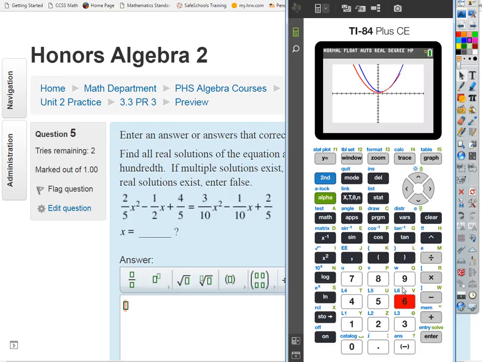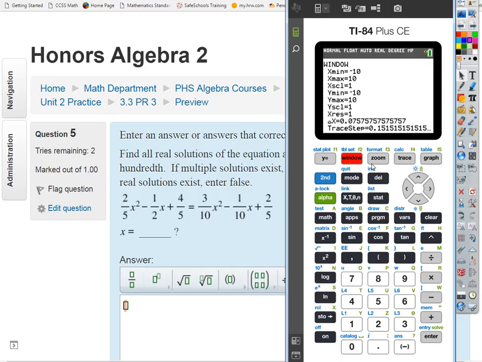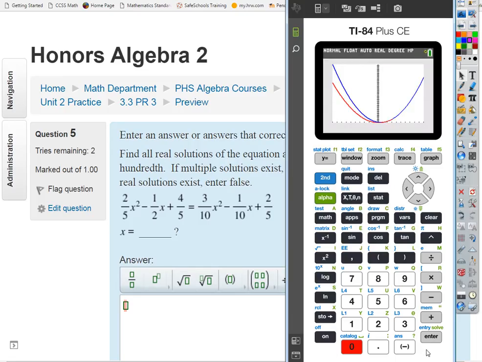Okay, well, if we let the window go from -10 to 10 and go zoom 0, the only place we could have intersections is way down there. So let's go back to zoom fit. It's hard to tell at this resolution if they actually intersect.